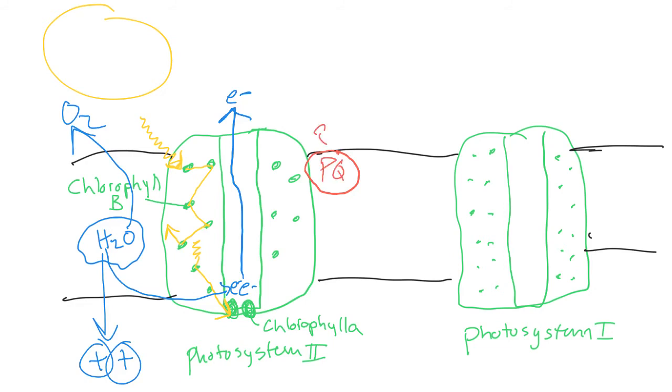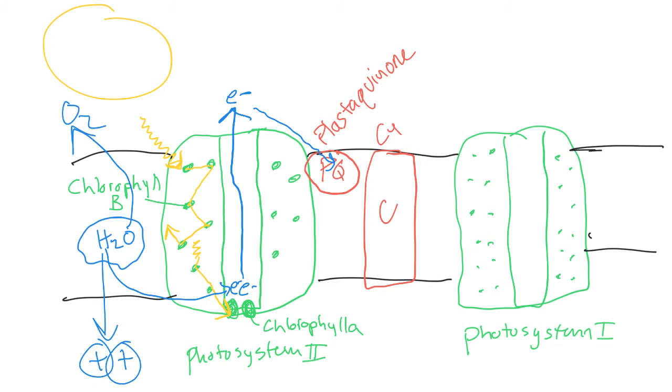All right, so we got plastoquinone. It takes that excited electron. And then the next one started with, no, photosystem 2 was our first P, right? Good. C, the cytochrome complex.